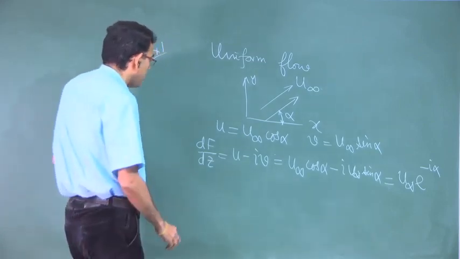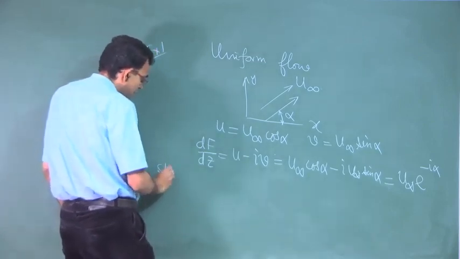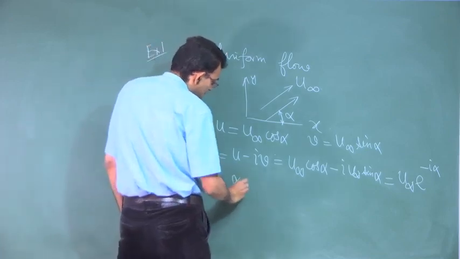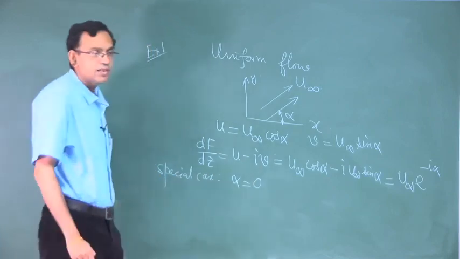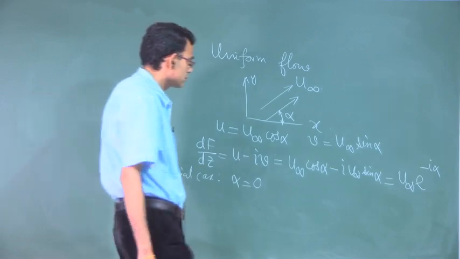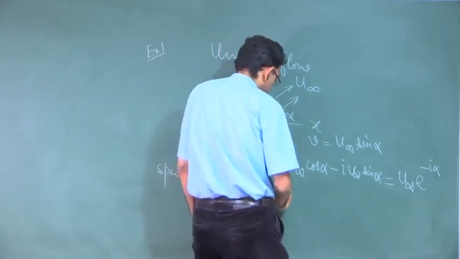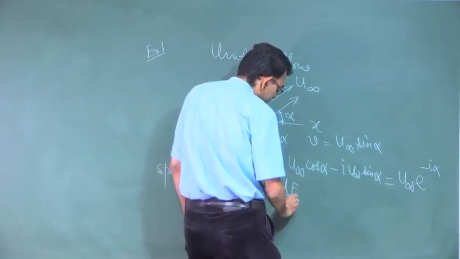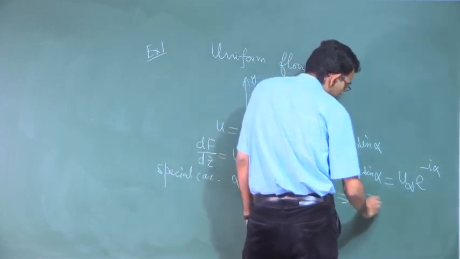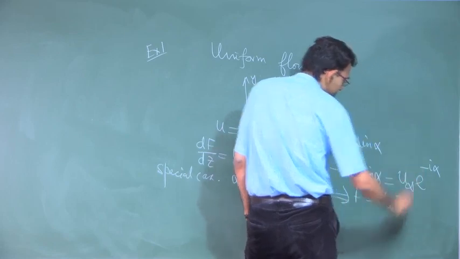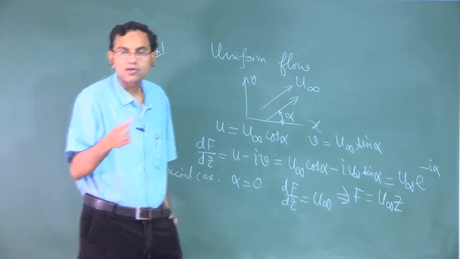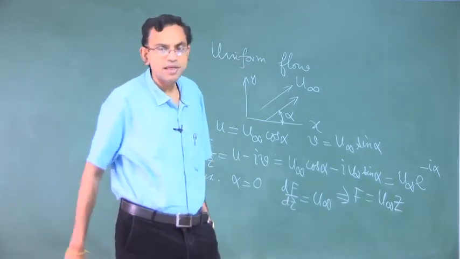Let us take a simple special case, alpha equal to 0, that is uniform flow along the x axis. So, that means you have dF/dz is u infinity. So, F is equal to u infinity z plus a constant; you can always set that constant equal to 0 as a basis.